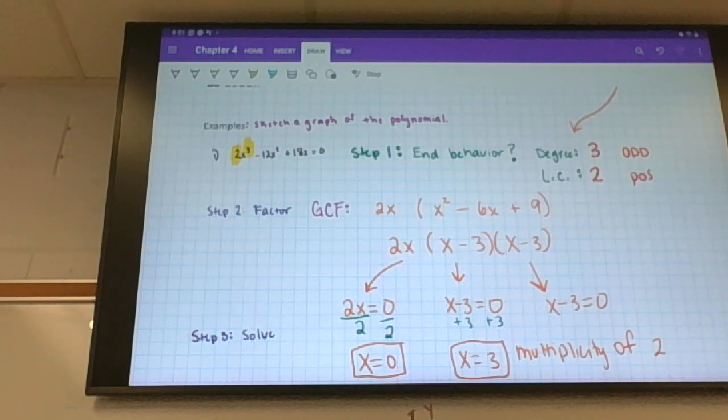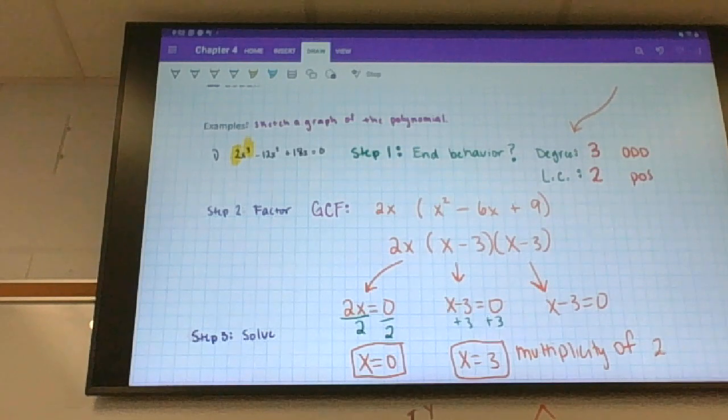A big dot at 3. And then I'm going to connect these correctly, so I'm going to consider the ends. I decided it was odd, positive. So I'm going to put an arrow down here and an arrow up here. And that's going to guide my graph. Those little arrow heads guide the graph.